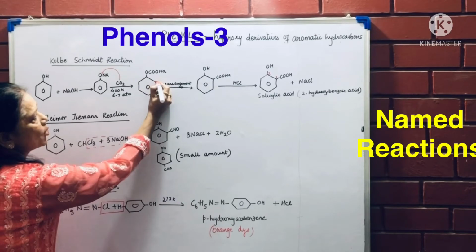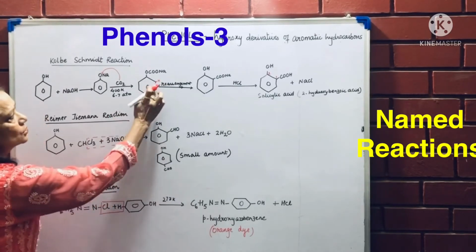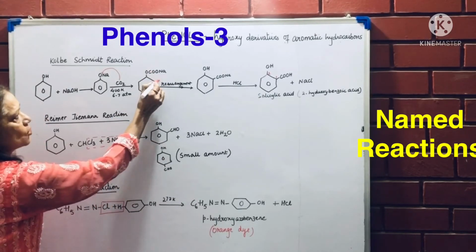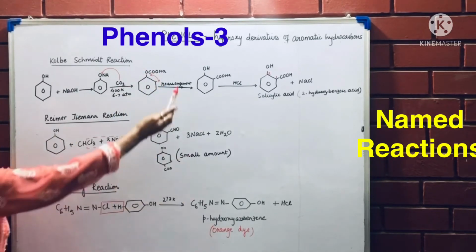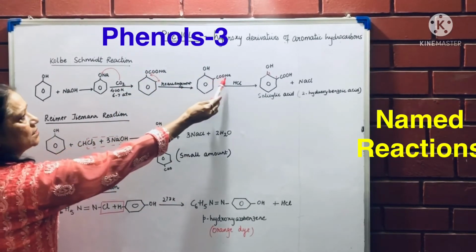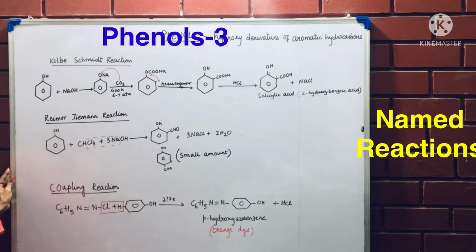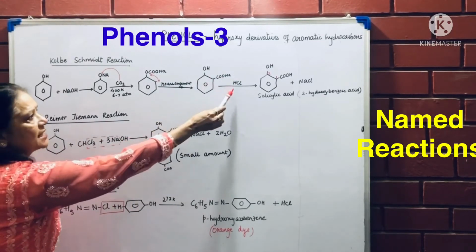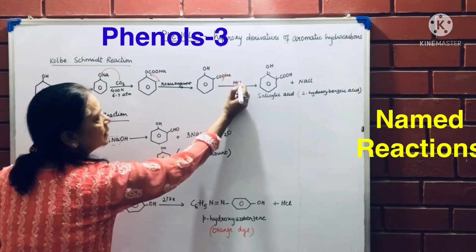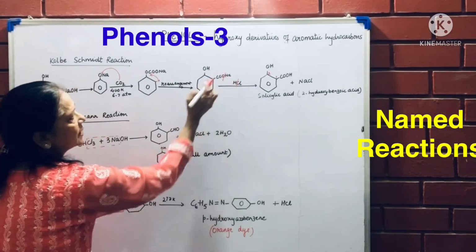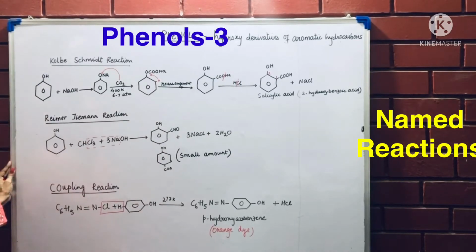In the second step, rearrangement takes place. Now at this point there is one hydrogen. So this hydrogen moves on this side and COONa comes here. So it becomes OH and COONa. To this if I attach an acid, it's going to divide like this and H will get attached here. So an acid is formed plus NaCl.